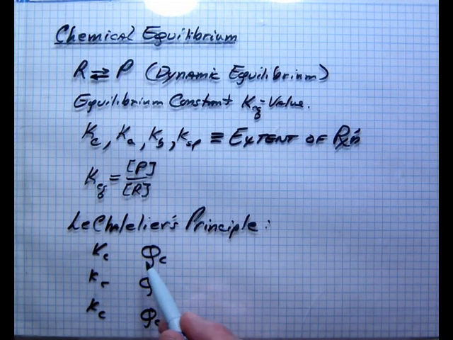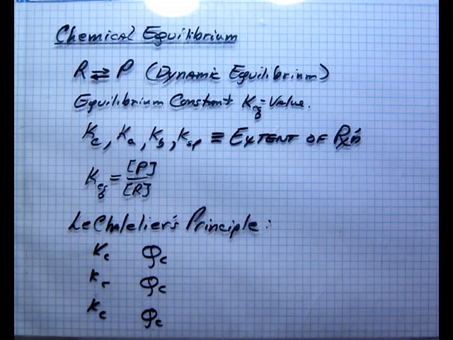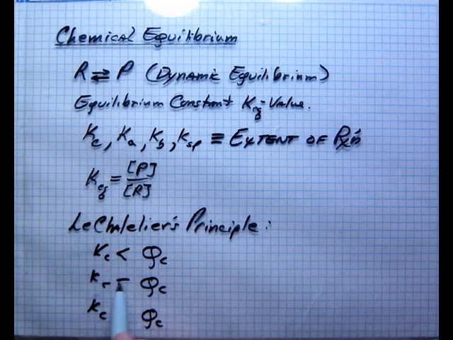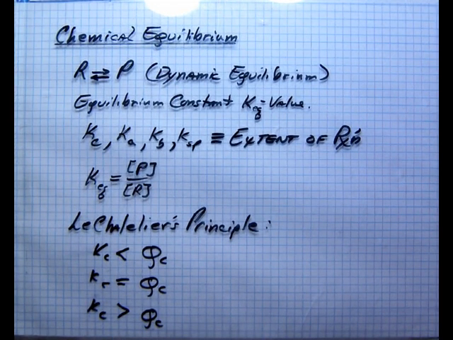But the issue with the QC value, it may not be at equilibrium. And because it's not equilibrium, it'll shift left or right based on the relationship between the equilibrium constants and whatever QC value is. Okay?